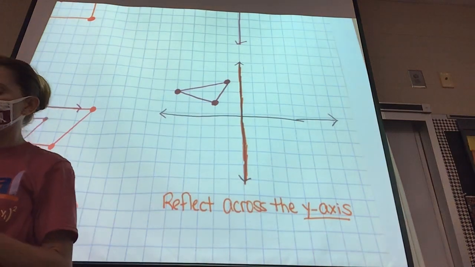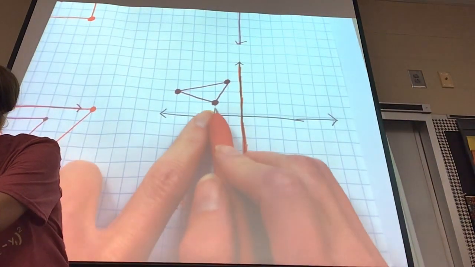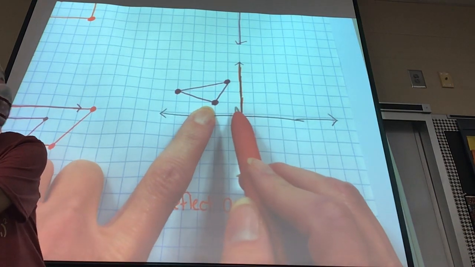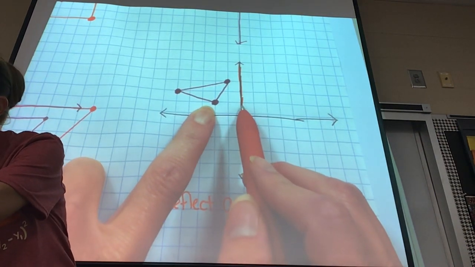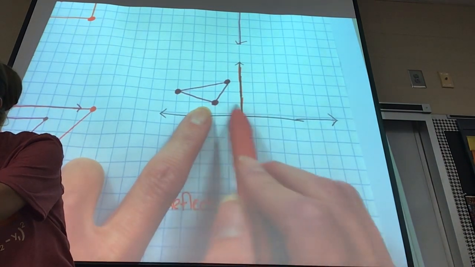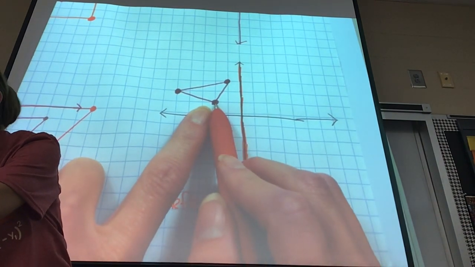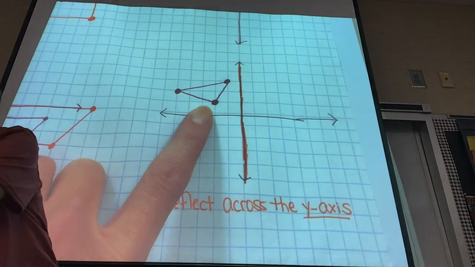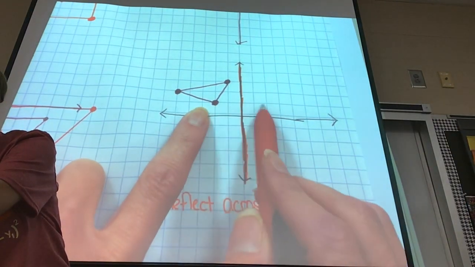So let's start. I'm going to start with this bottom point here. How far away is it from the y-axis? 1, 2. It's 2 places. So if it's 2 places to the left of the y-axis, where do I need to put it now? 2 places on the right. Stay on the same line.